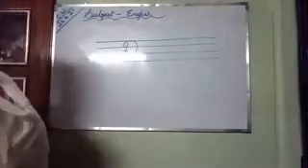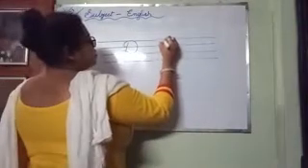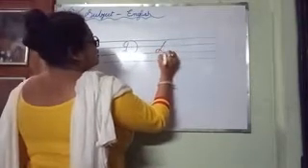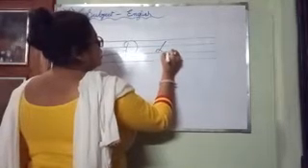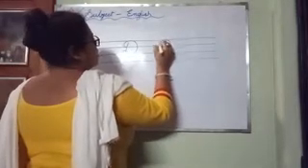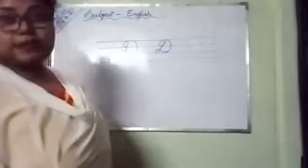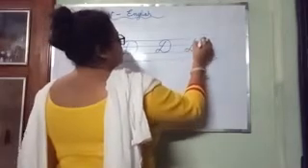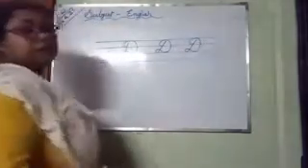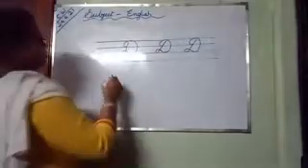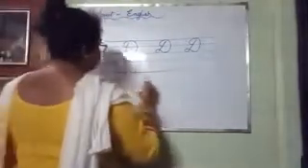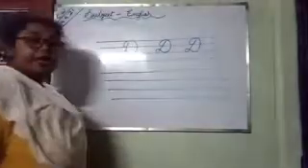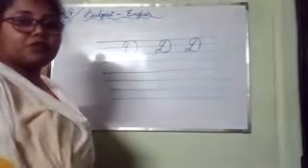This is D. Again you see one slanting line, then curve it, then touch the 3rd number line, take it up, and this becomes a D. Next, this is one more type of D. You can practice whatever you feel is easy.